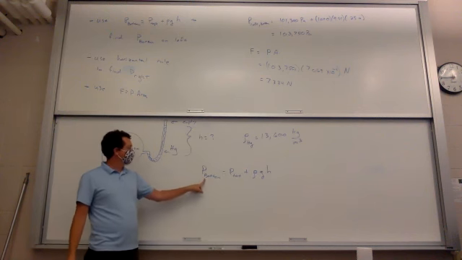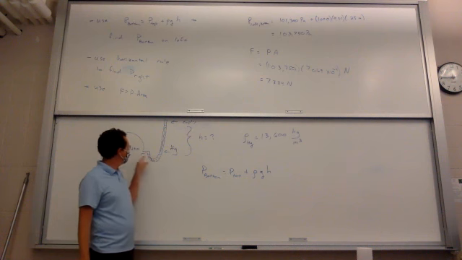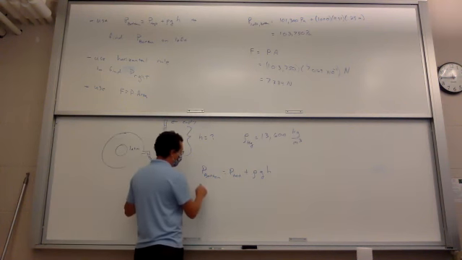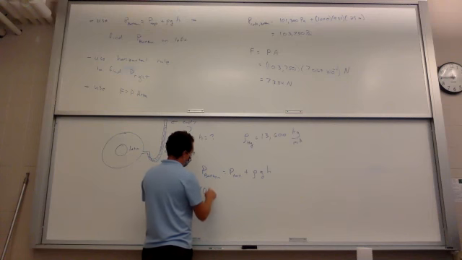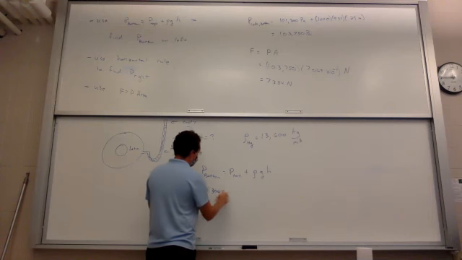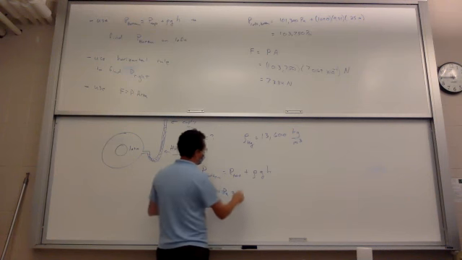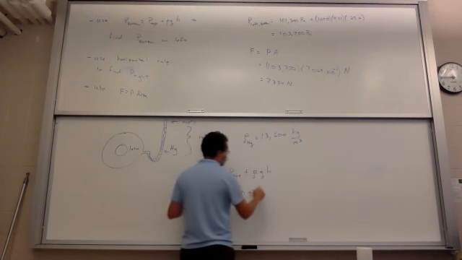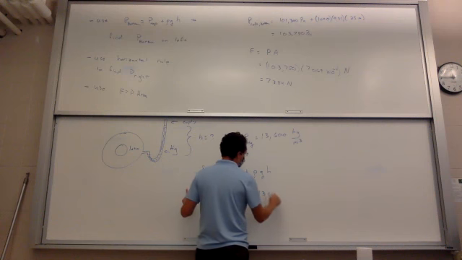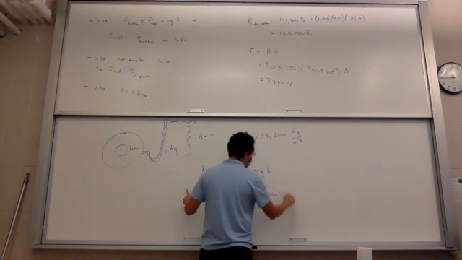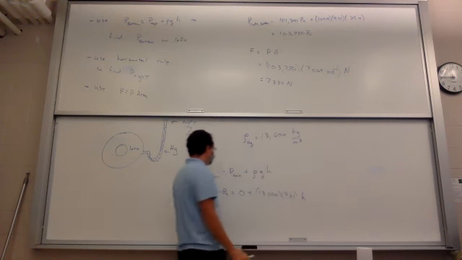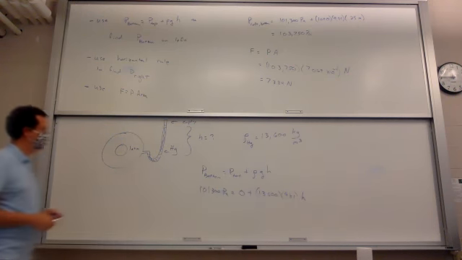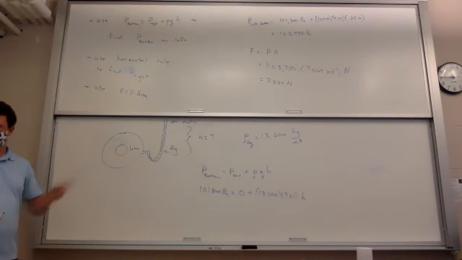What is this number? Pressure at the bottom is 1 atmosphere, or 101,300 Pascal. Pressure at the top is 0, plus the density, 13,600, times g, 9.81, times the height. Solve for the height. It'll come out in meters when we do it this way.